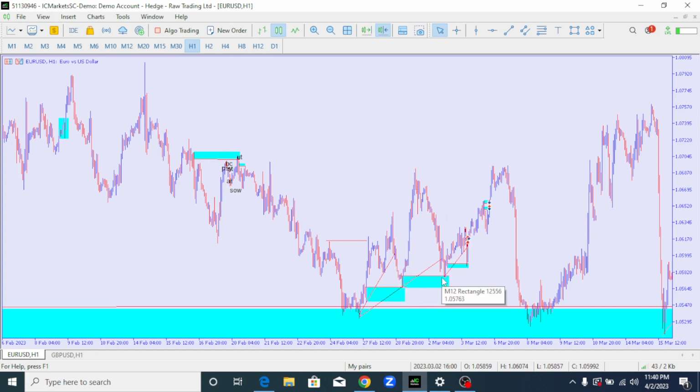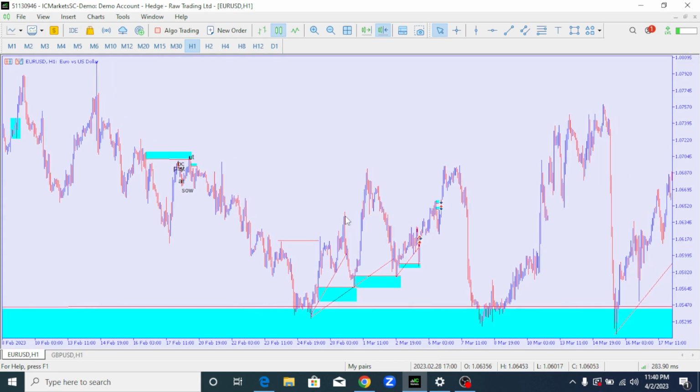So I don't understand why I actually took these entries, because these were sell orders. You see, the price was actually accumulating.